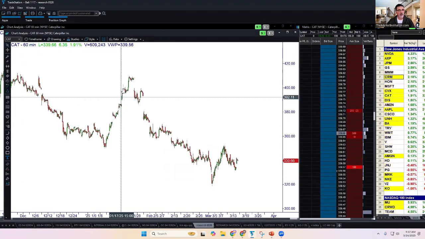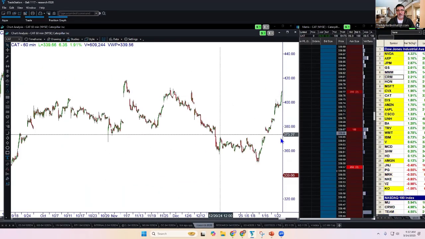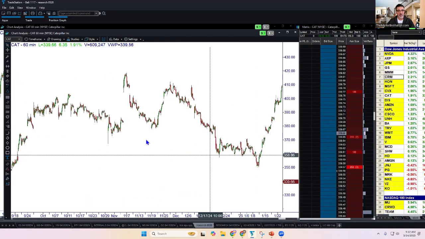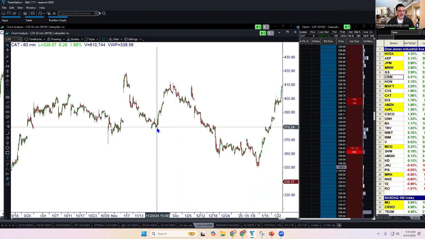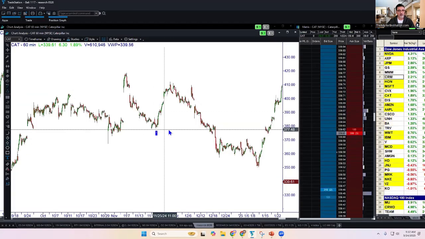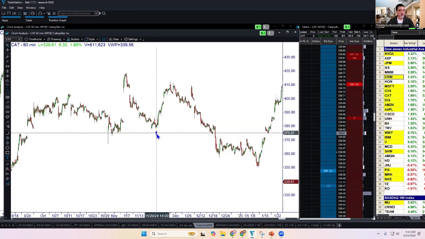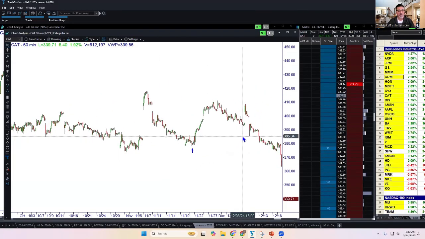Now, I'm going to look at charts where I have a desired trade outcome, okay? So I can notice that at this point, there's a nice entry. This would have been a great trade to get long in.